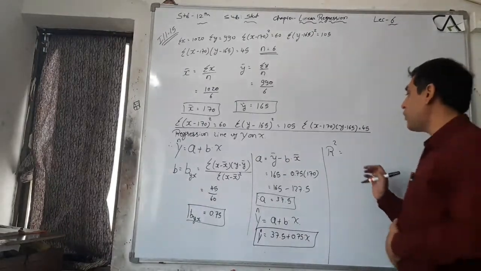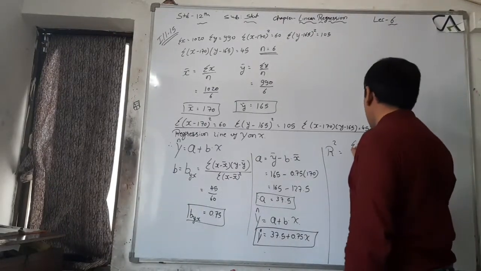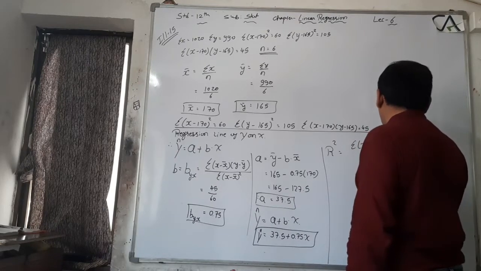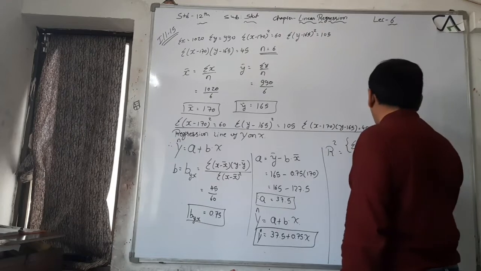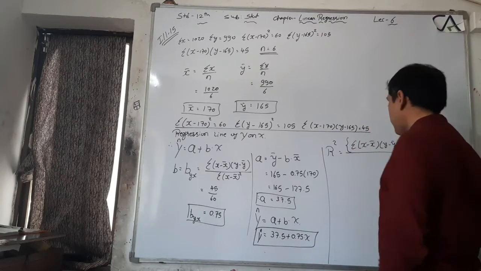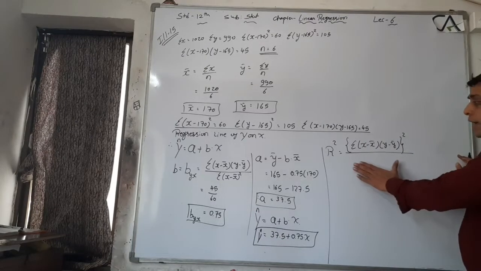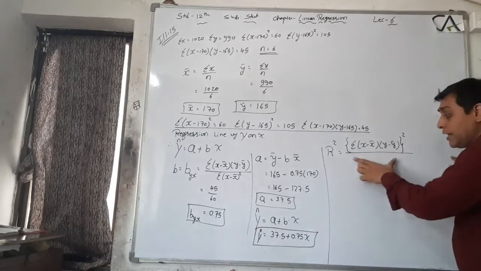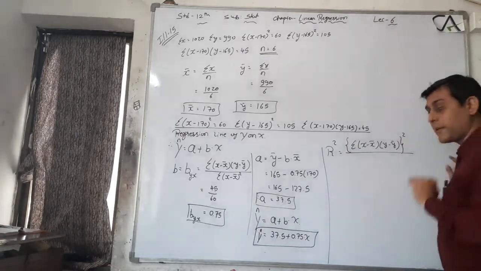Okay, what is the formula for r square? Sigma (x minus x bar) into (y minus y bar) whole square. See, I am writing the direct r square formula. That means here in the numerator it is whole square and the denominator square root is cancelled.